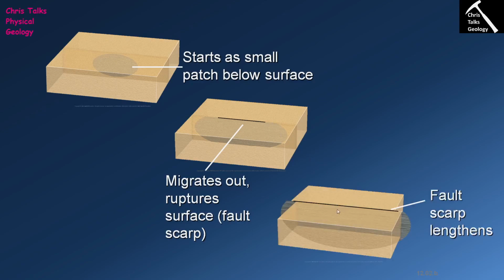Now, during the earthquake, obviously the amount of slip, so the size of the rupture, is going to continue getting larger, and so this obviously means the fault scarp is also going to get larger. And eventually what's going to happen is, of course, the fault is going to expend all the energy that's built up. The rocks are going to start moving, and they're going to lock back into each other, and friction is going to stop them going anywhere.